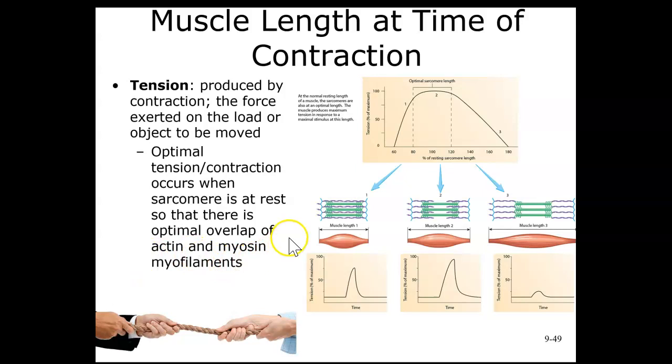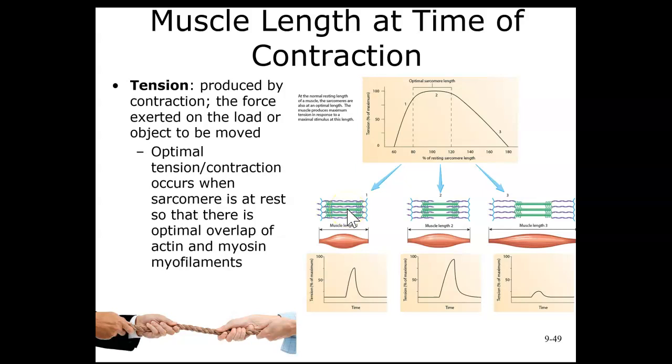So when we look at this illustration to my right, we see muscle length number 1 here. And this muscle is not stretched, and the tension produced when the muscle is contracting is small because there's too much overlap between the actin and our myosin myofilaments.